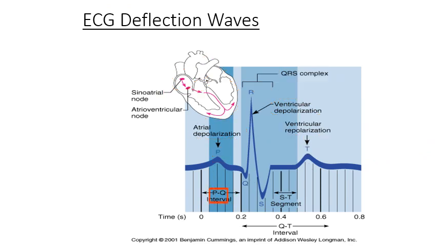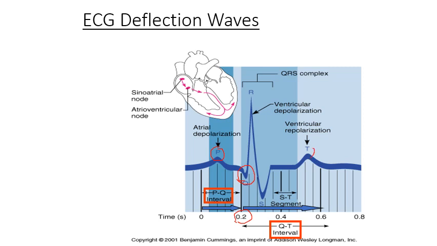Okay, the intervals. We have the PQ interval, and as you can see here, it's about 0.2 seconds. So from the P wave, which is atrial depolarization, to the start of ventricular depolarization, which is Q, this is the PQ interval, which is 0.2. Then we have the QT interval.